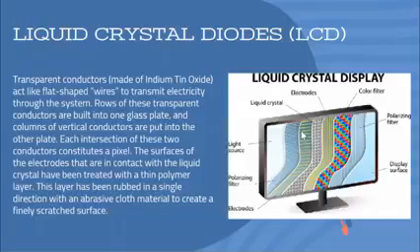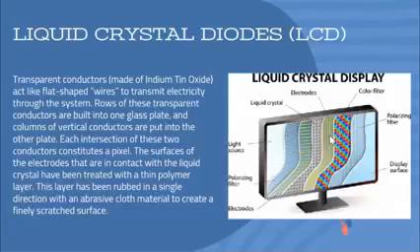So the orientation of each flat-shaped wire or electrode is either horizontal or vertical, attached to one glass plate each. Each intersection of these two conductors constitutes a pixel.